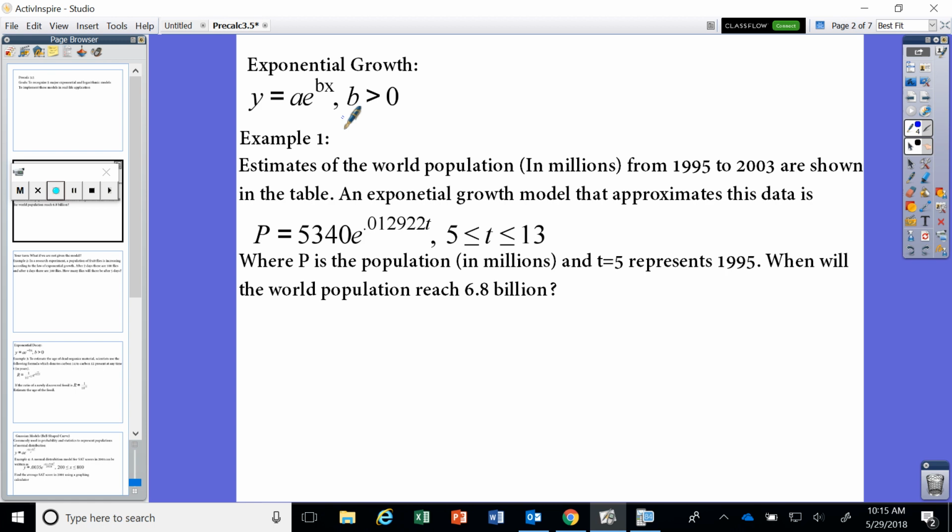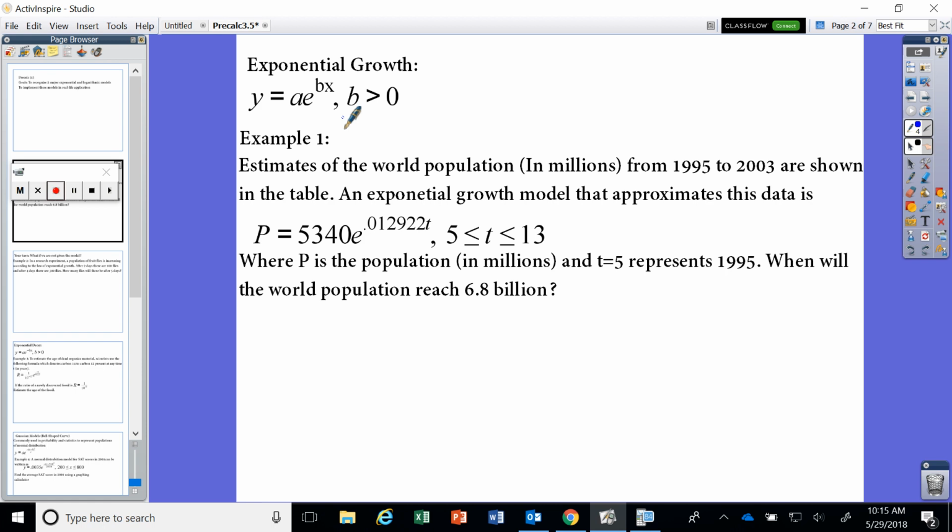Here, t equals 5 represents the initial year, and that initial year on that table is 1995. So that represents the initial starting point for it all.